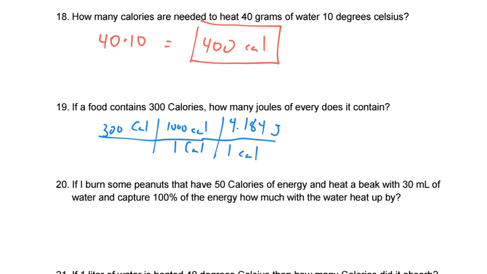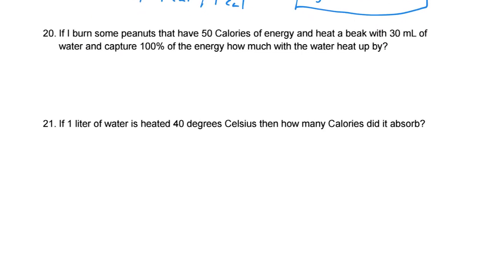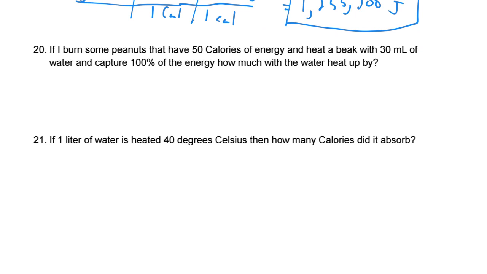So now let's multiply 300 times 1,000 times 4.184. Means that in your 300 calorie snack, we have 1,255,200 joules of energy. Food contains a lot of energy, so expect big numbers when we're dealing with big C calories.